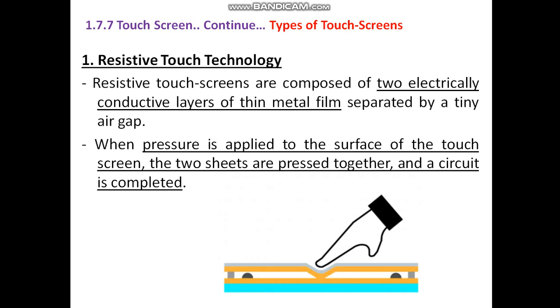Resistive touch screens are composed of two electrically conductive layers of thin metal film separated by a tiny air gap. When pressure is applied to the surface of the touch screen, the two sheets are pressed together and the circuit is completed.